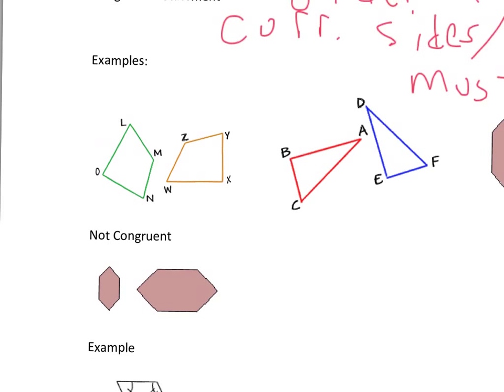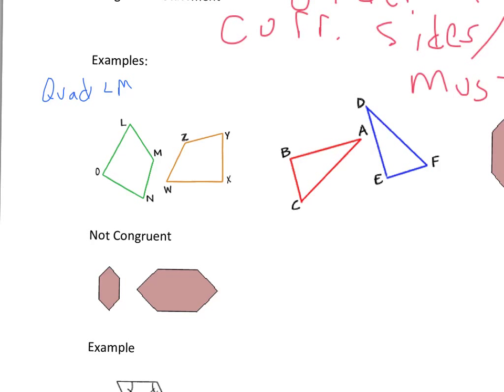So let's look at some examples of writing congruency statements. We will do it for this pair of quadrilaterals, and we'll also do it for the triangles. If I'm going to write it looking at these two, I'm going to say quadrilateral, and then just pick a starting point on the green quadrilateral and name it in order of letters.